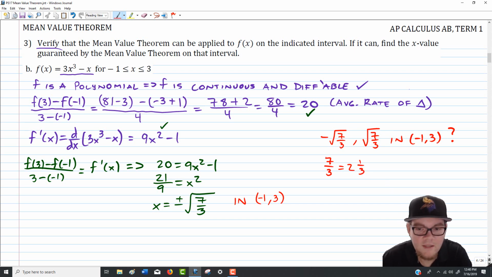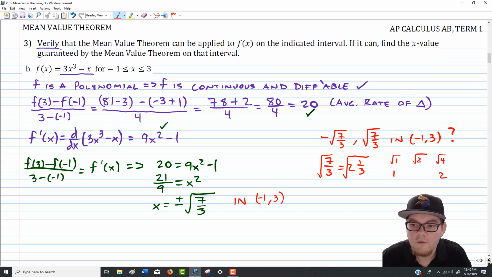That's true. So the next question is, what's the size of the square root of 2 1/3? Well, we know the square root of 1 is 1, and we know the square root of 4 is 2. That means the square root of 2 1/3 is going to be between 1 and 2.